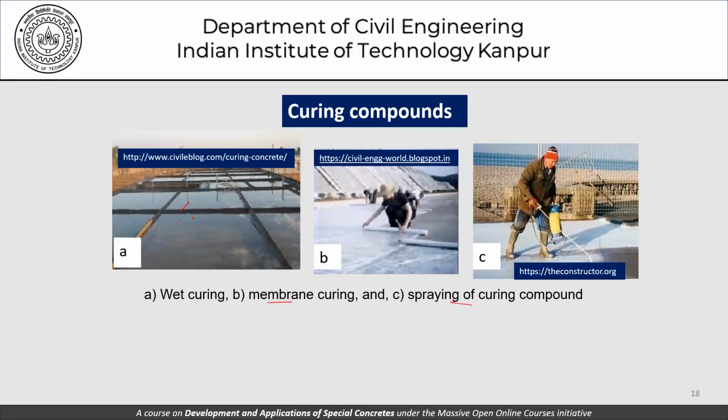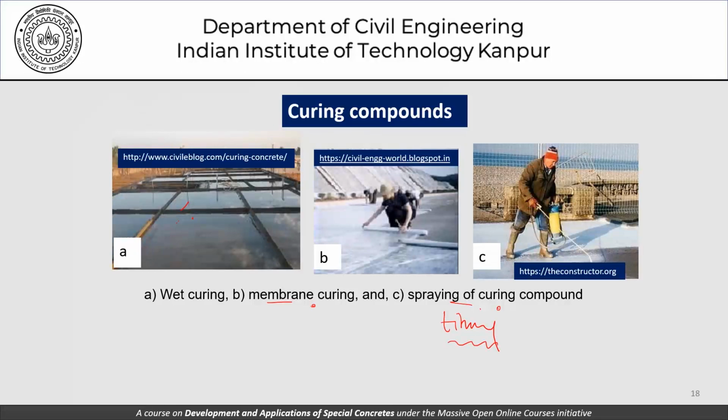So you can see that membrane curing is being done here, which means that this sheet that we talked about is being spread on the concrete surface by this operator. Similarly, this operator here is spraying the curing compound on the surface of concrete. Now, as far as membrane curing and the spraying of curing compound are concerned, there is an element of timing involved.